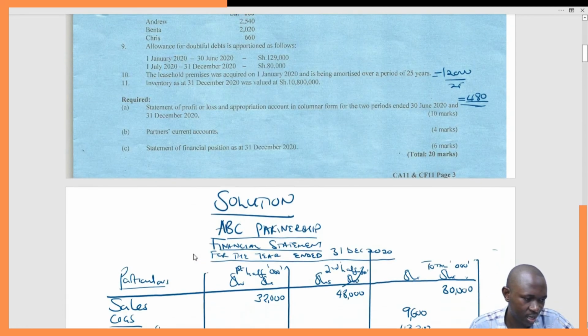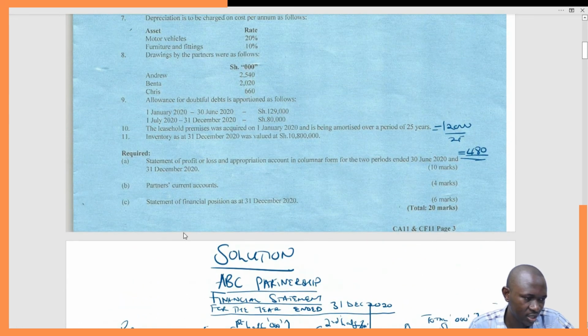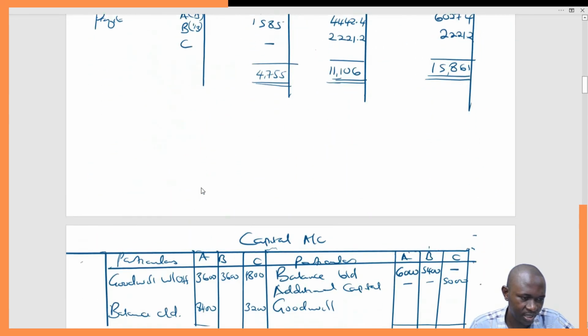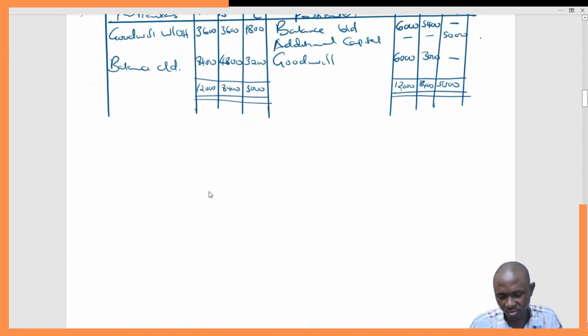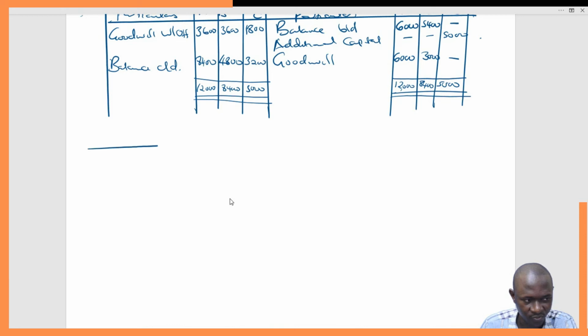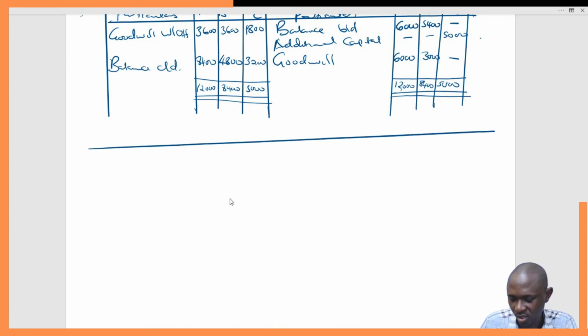10 marks. You should have the 10 marks by completing that. So partner's current account. Let's just prepare partner's current account very fast. Time should be moving by now. This question normally is very good in an exam, but it consumes a lot of your time. So you need to be very keen when handling this kind of question, because you will get it right, but it might consume a lot of your time.